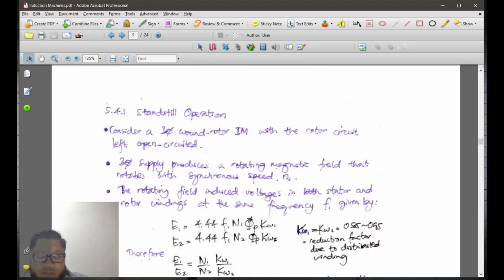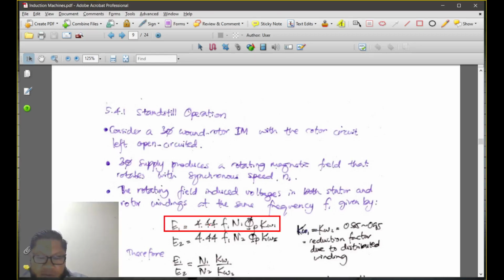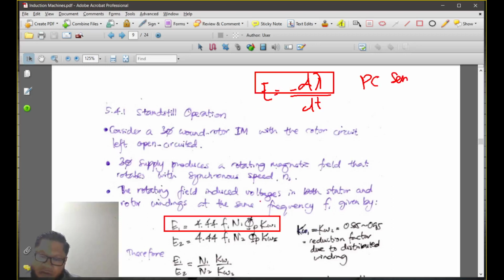So let's look back at the standstill operation. For standstill operation, remember E1, the voltage on the stator side, is 4.44 F1 N1 Φ. This comes from the RMS voltage. You can look back at some books to see how you get that. It comes from E equals dλ/dt, the flux linkage derivative, so you integrate. You can refer to the PC Sen book if you like, or you can find out how you get that 4.44 F1 N1.